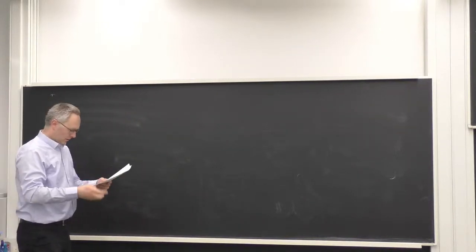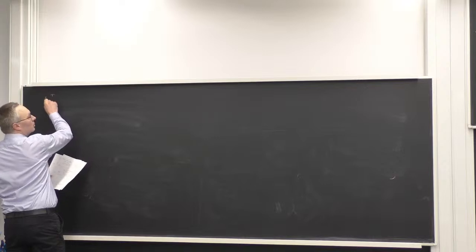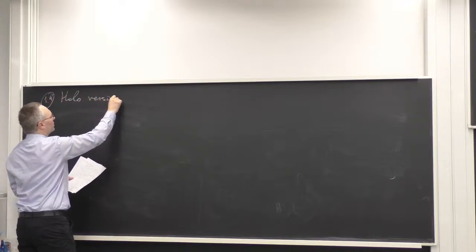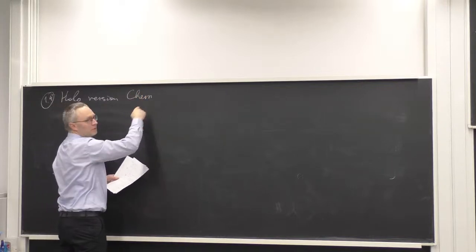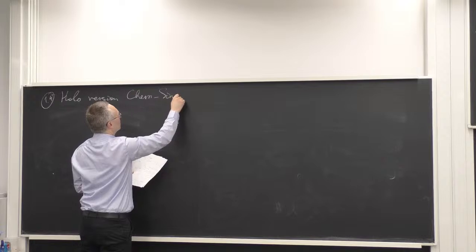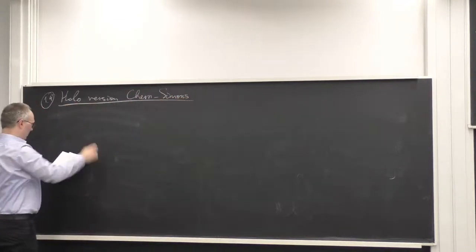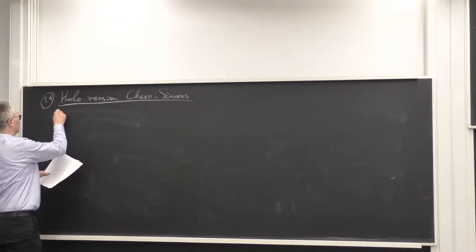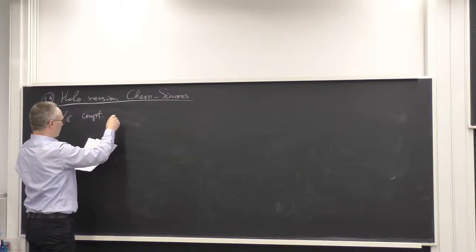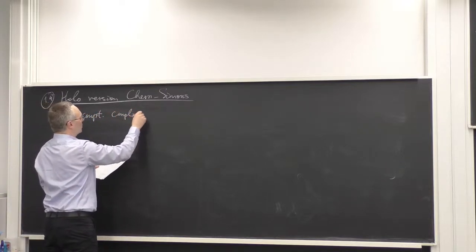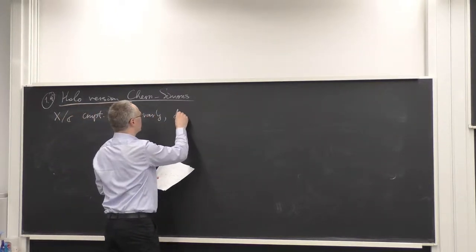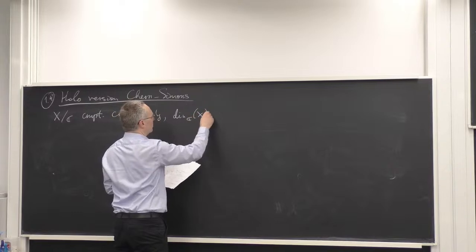So now the holomorphic version of Chern-Simons theory, and I think this is due to Witten. Okay, so let X be some compact complex variety, and as above it was a three-dimensional real variety, so let's suppose its complex dimension is 3.